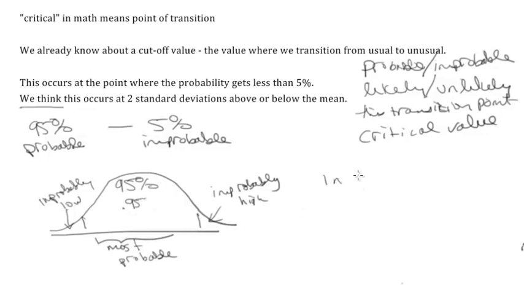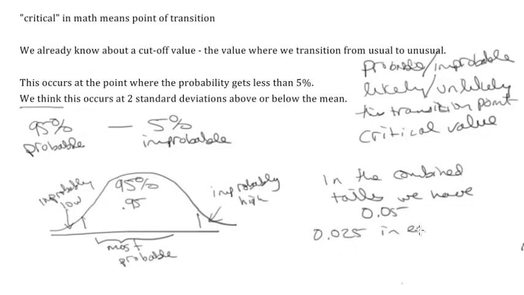So in the combined tails, we have 5%. But that means 0.025 in each tail. It's symmetric, so we'll take that 5% and divide it in half. Okie dokie, let's clear the screen here.